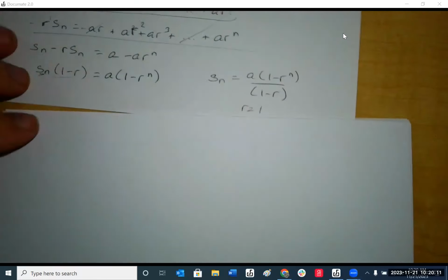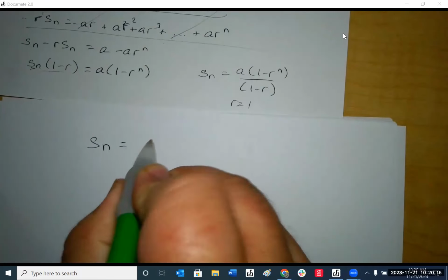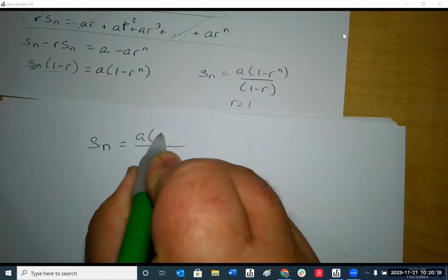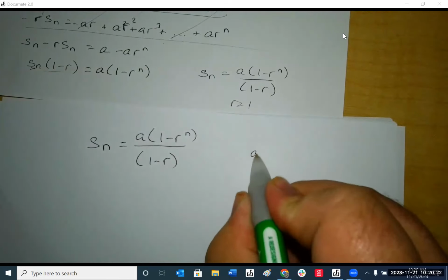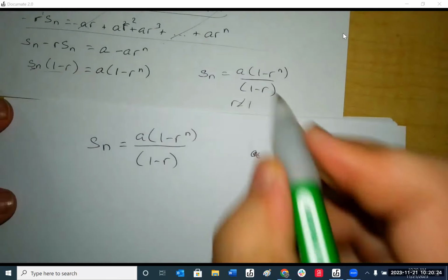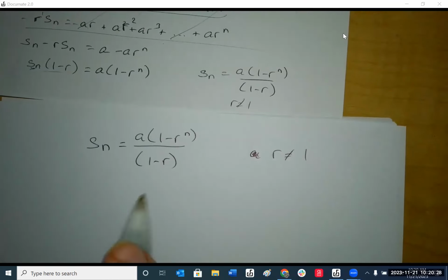So we have our summation, Sn equals A(1 minus R^n) over 1 minus R. R cannot equal 1 because it'll make it undefined.